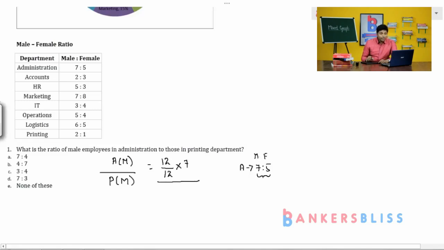Whole divided by printing, which forms 6%, that has to be divided in the ratio 2:1. So 2 plus 1, 3 into 2. Now very simple, 12% gets cancelled, 3 2s are 6. So you are going to end up with 7/4, means 7:4. Option A is the right answer.